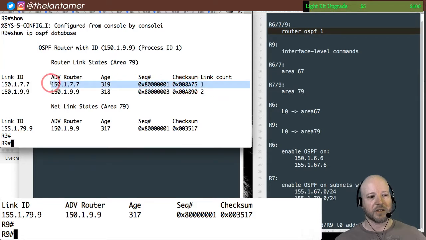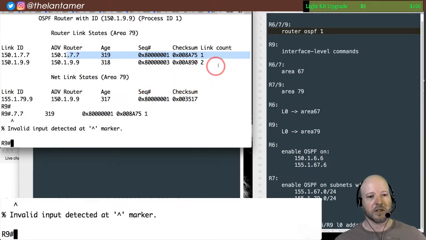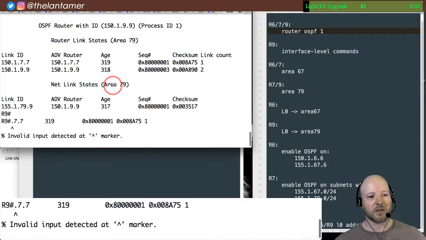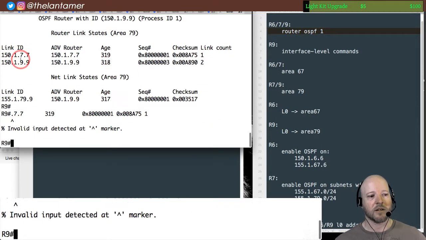Because he only has a single link here, and router 9 has 2 links. Okay. One is the router itself. The other is the network.